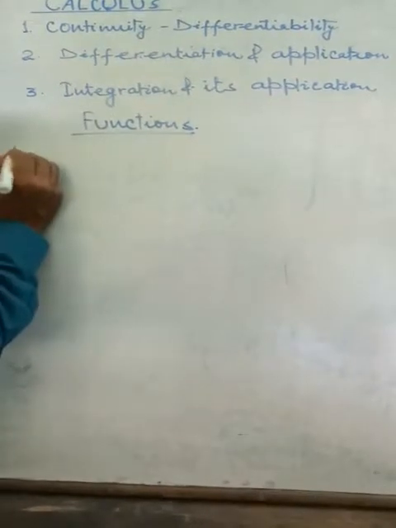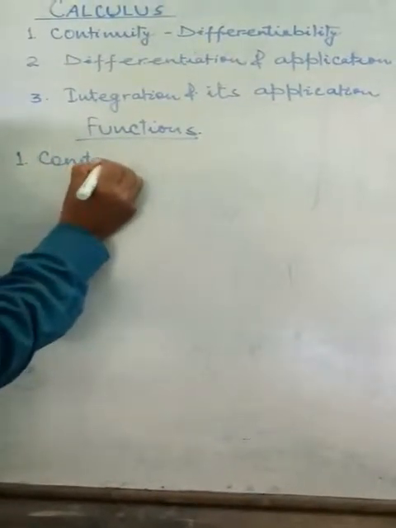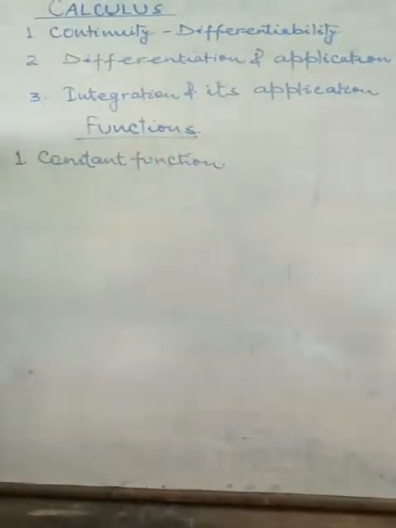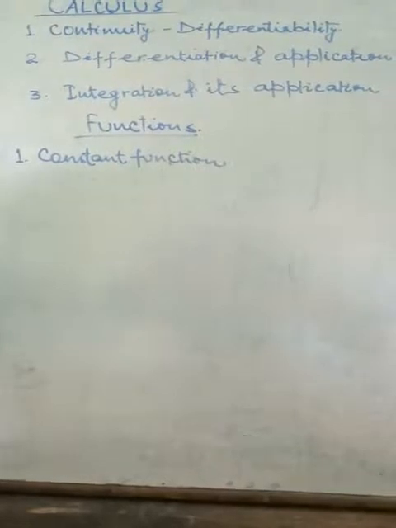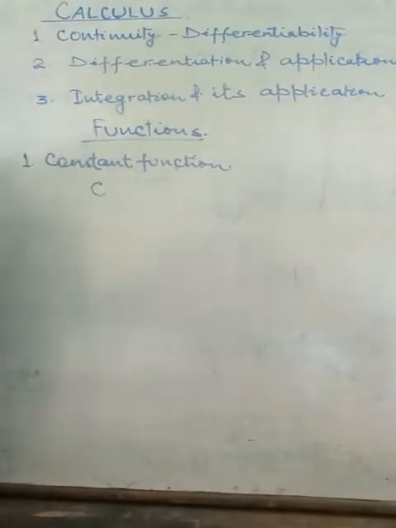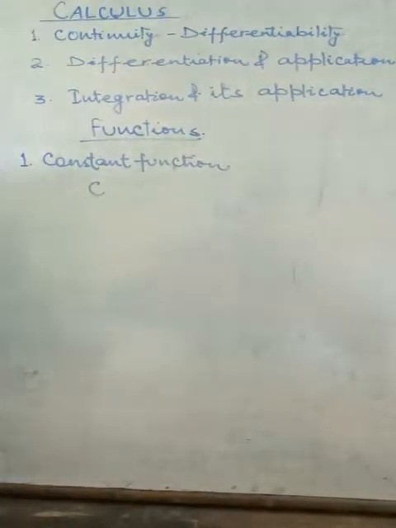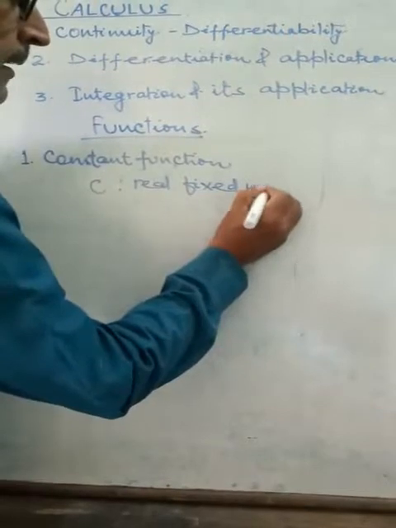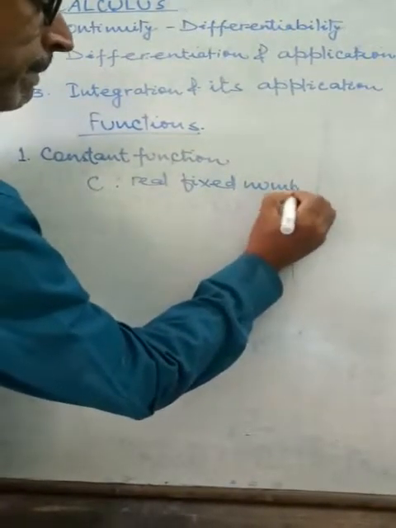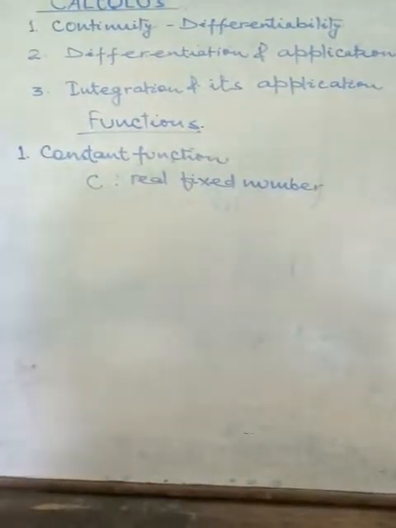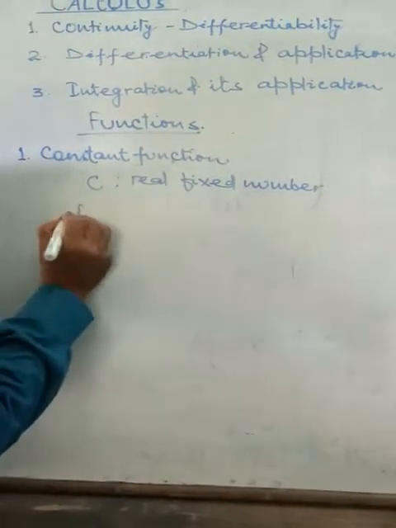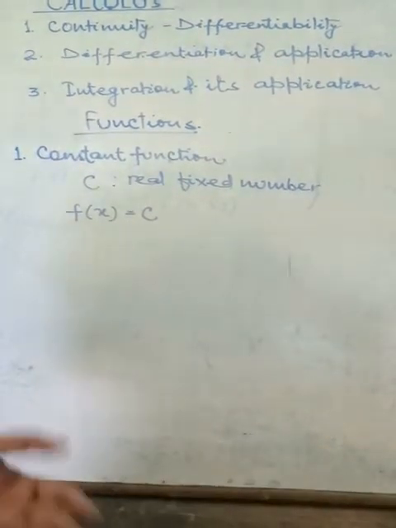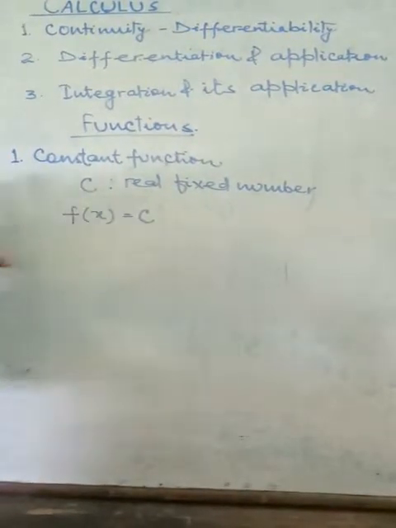First is constant function. Suppose C is a real fixed number, then the function f(x) as defined by f(x) is equal to c, where x is any real and c is constant, then it is called constant function.